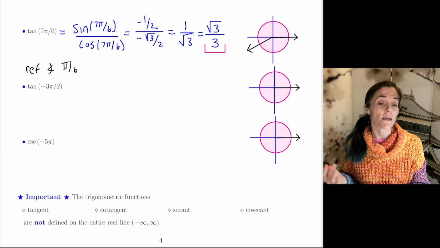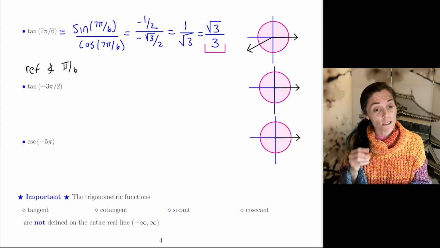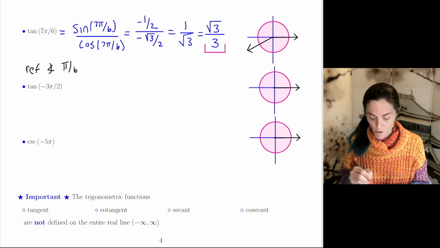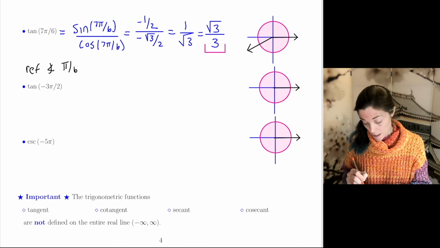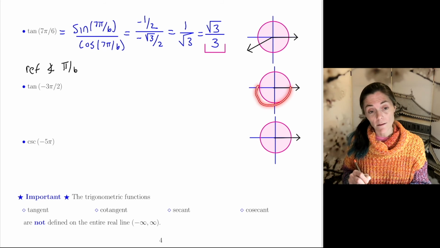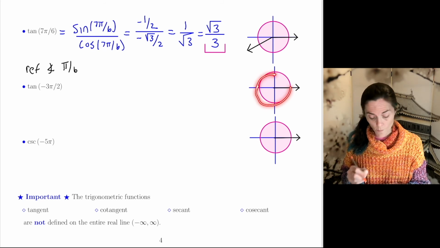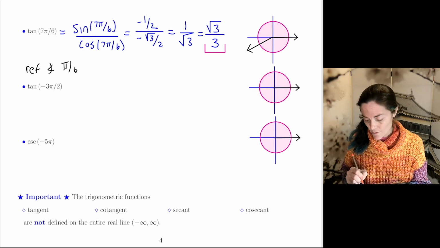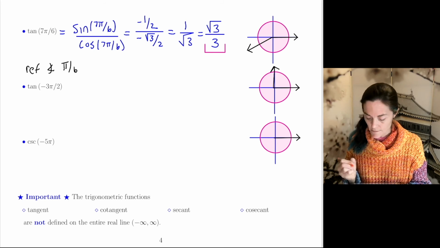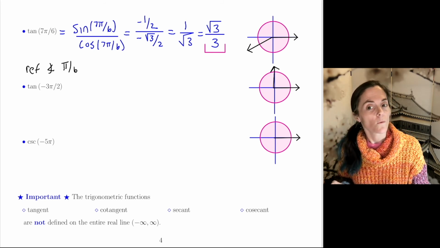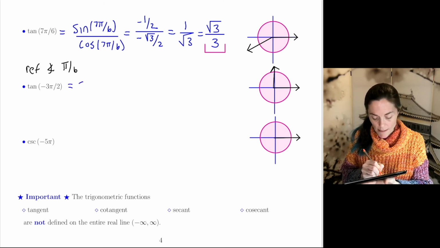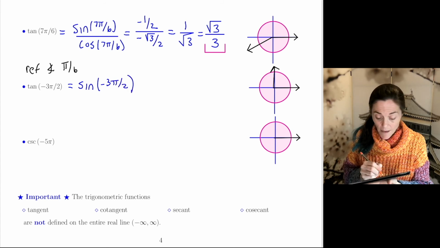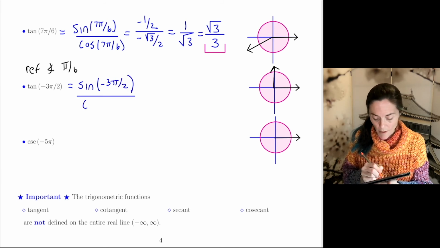Let's draw the angle. I have tangent of minus 3 pi over 2, which means I'm moving this way, clockwise. So here would be pi, and then I go pi over 2 more. So my angle, terminal side, is here. Well, what happens when I try to do sine of minus 3 pi over 2 divided by cosine of minus 3 pi over 2?